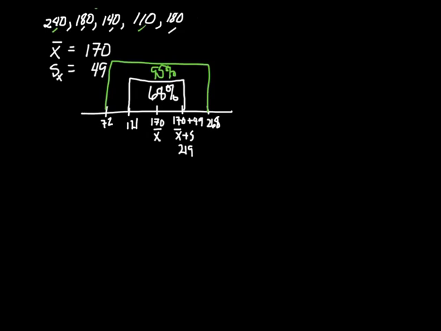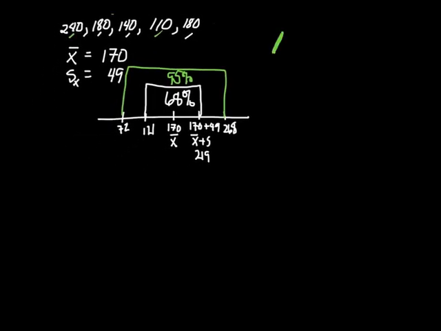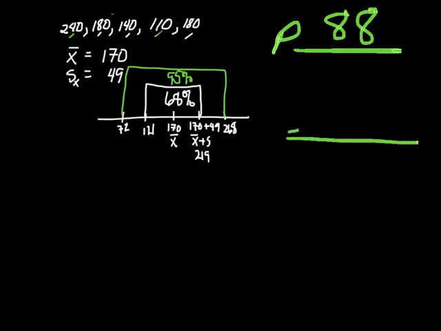I would mention that the empirical rule table in your textbook on page 88 is really important, and you should look at that. I've drawn similar things in this lesson, but you really want to pay attention to that as well, because it shows you finer divisions. It takes the symmetric distribution and splits it up into standard deviation parts.